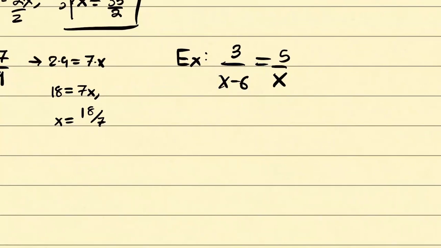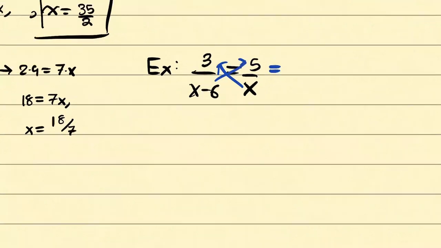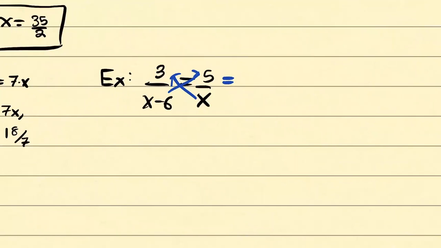But since I still have a singular fraction equal to a singular fraction, I can just cross multiply. But be careful. It is a quantity I'm multiplying through, so this is 3x is equal to the quantity 5 times x minus 6. But now we've arrived at a linear equation that we know how to solve quite easily.